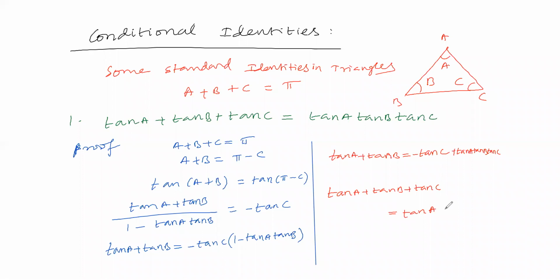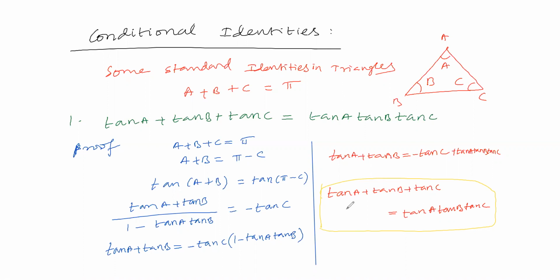So tan A plus tan B plus tan C is equal to tan A into tan B into tan C. So this is the result we got. This formula you have to remember.